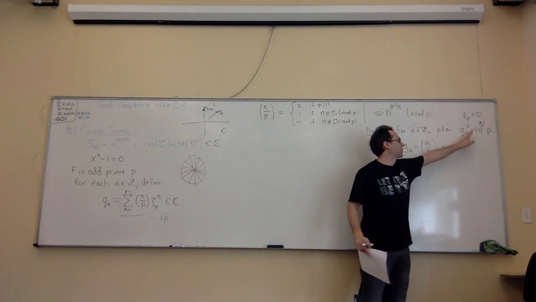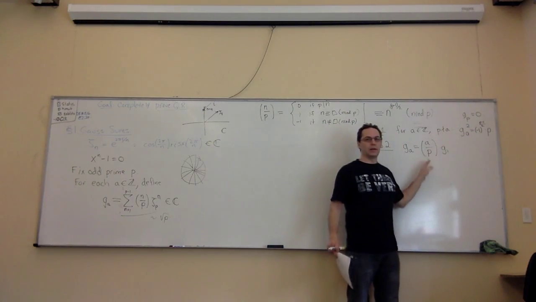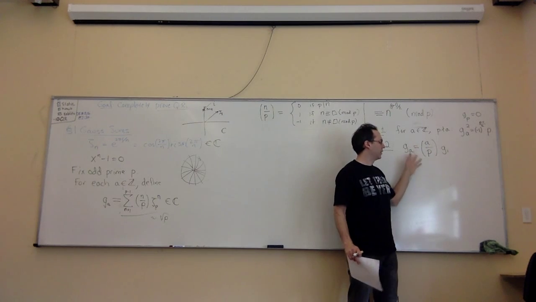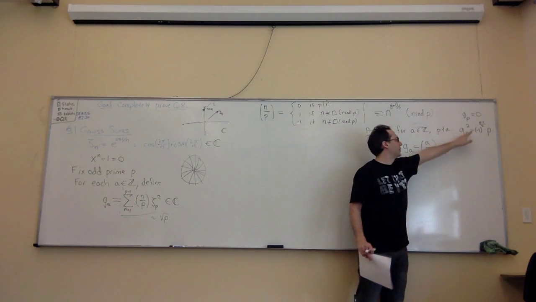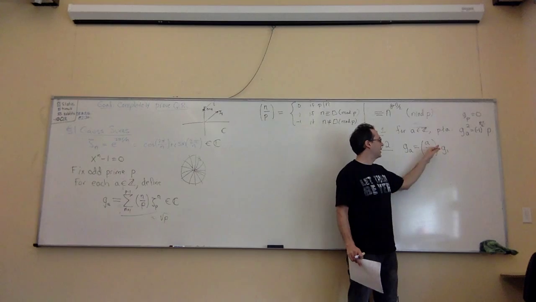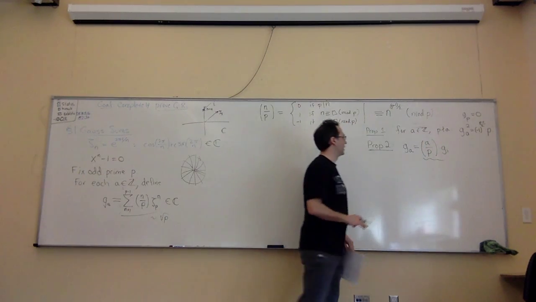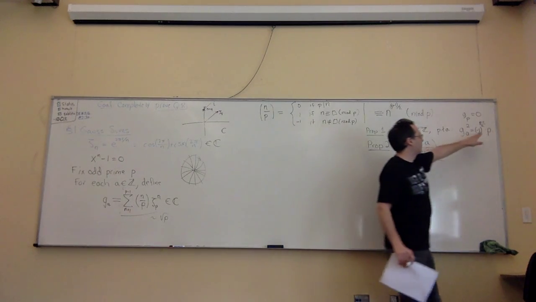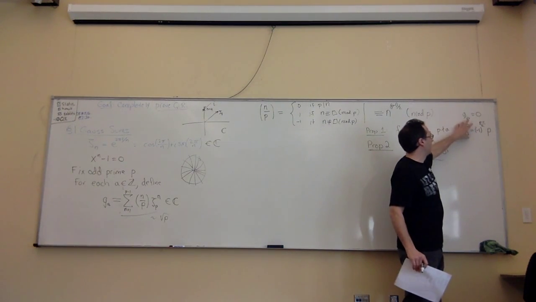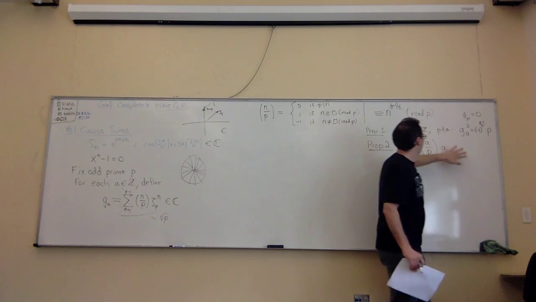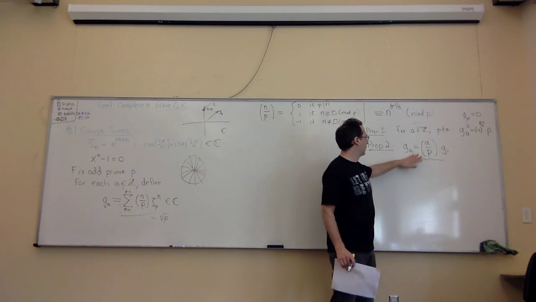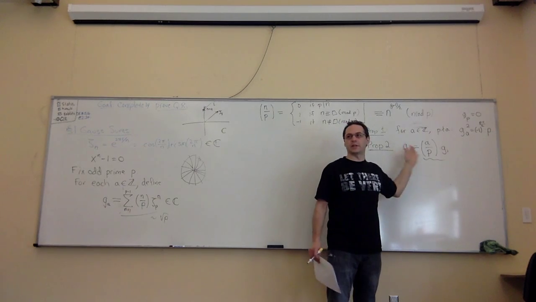That's what we saw here, that the square of g sub a didn't depend on a. G sub a squared doesn't depend on a, but g sub a does, but it's just up to sign. The right-hand side here doesn't depend on a, so g sub a squared doesn't depend on a. And so here you see that there's this relationship. So this will be some work to prove, but we'll prove it. This is actually not too hard to prove.